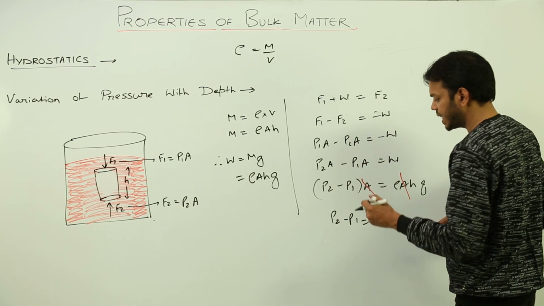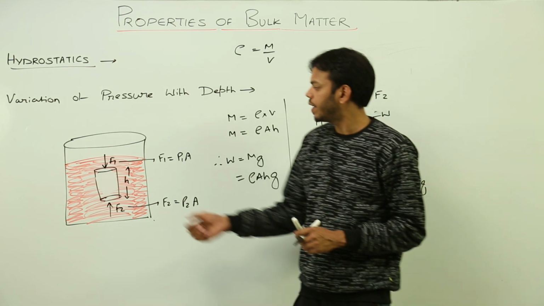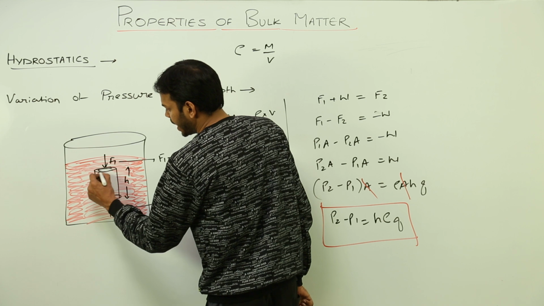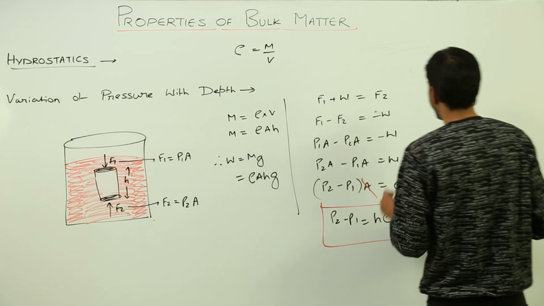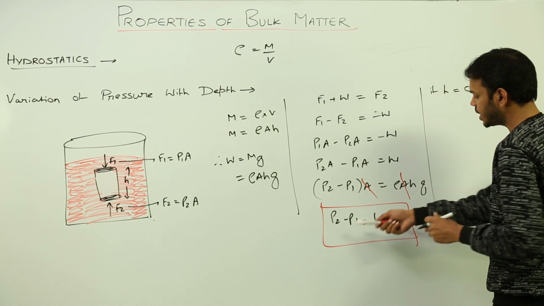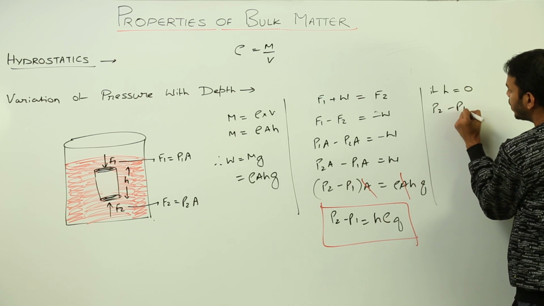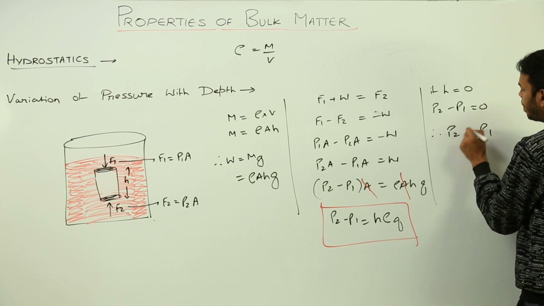This is the pressure difference inside the liquid column. Now, what if the points P and Q which we imagined at the beginning, or these two levels, coincide? That means if H is equal to 0, then H rho g becomes 0. Therefore, P2 minus P1 will be equal to 0, which gives P2 equal to P1.